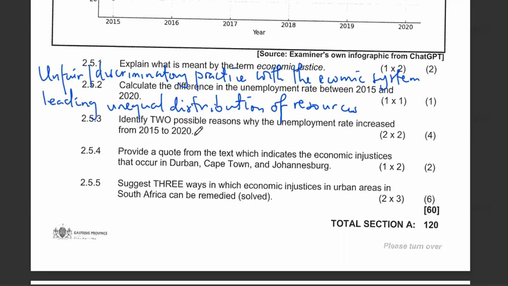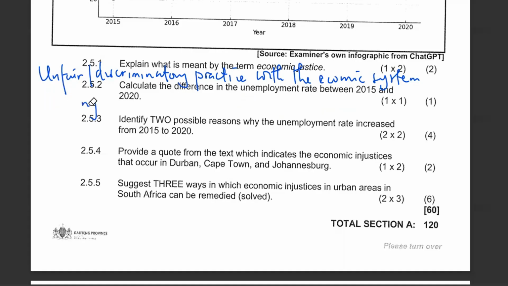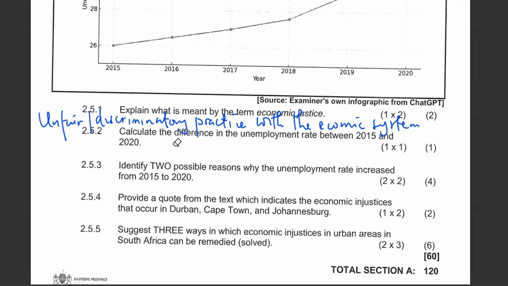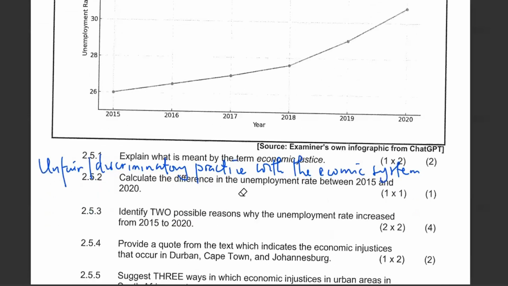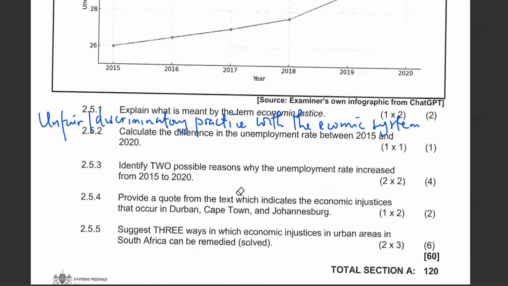Calculate the difference in the unemployment rate between 2015 and 2020. We need to ascertain the difference in unemployment rate, which means we must find the rate for 2015 and for 2020.